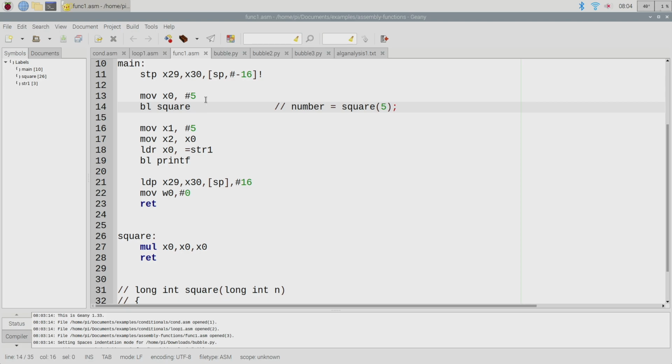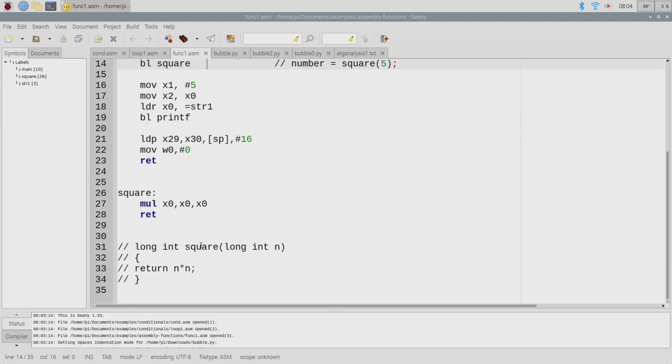So if I wanted to write in C a function, long int square of long int, whatever data types come in and out, in this case I made these long ints, so 64-bit ints. I'm passing a 64-bit number in, and I'm getting a 64-bit answer out, okay? And so in C, that's how we would say it.